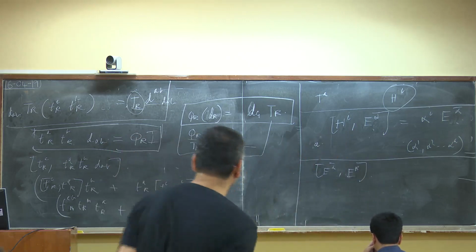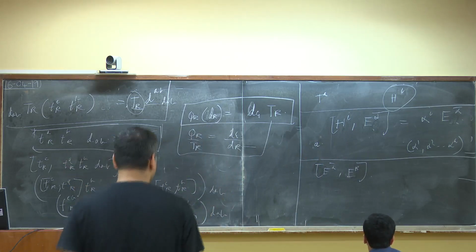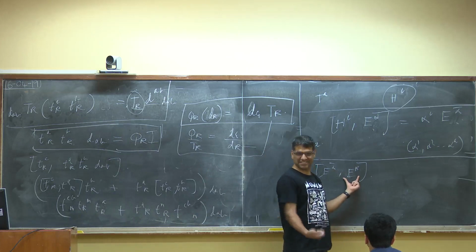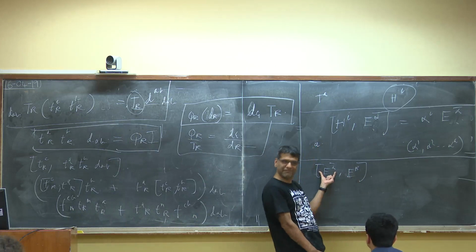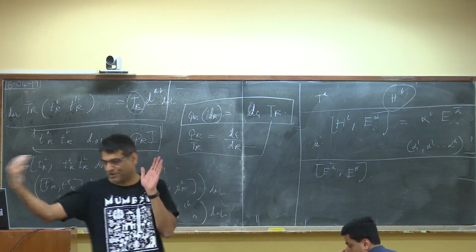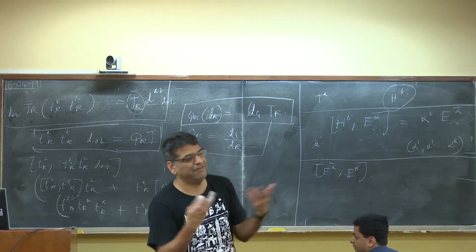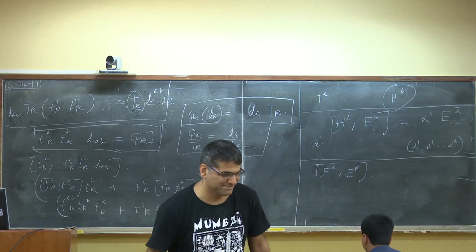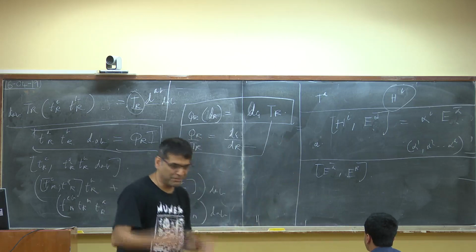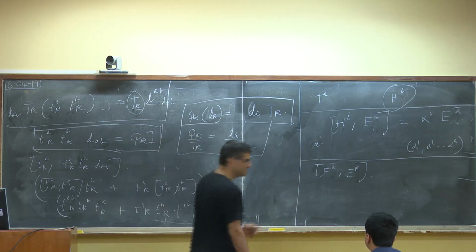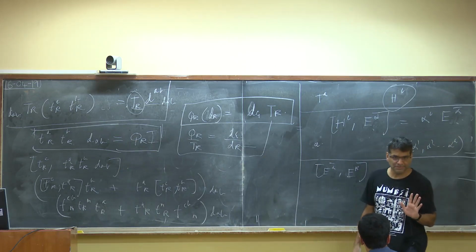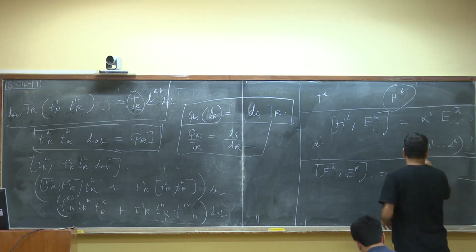Okay, now the one thing that is totally obvious: this guy was a vector of charge alpha_i under H_i, and this guy was a vector of charge beta_i under H_i. So the total is a vector of charge alpha_i plus beta_i under H_i. The charges just add, as you can check with the commutation of H_i with a commutator or with a product rule. So this quantity, if it's non-zero, has to be proportional to E_(alpha+beta).